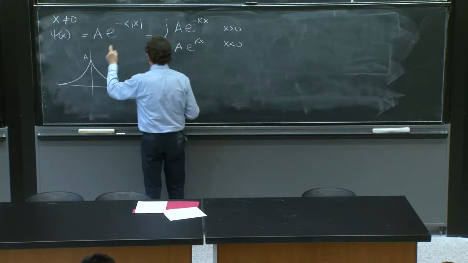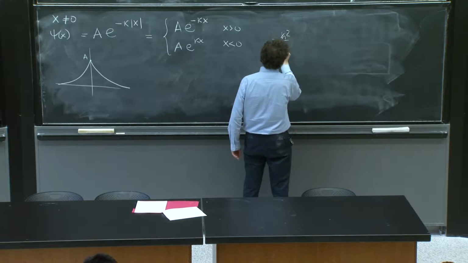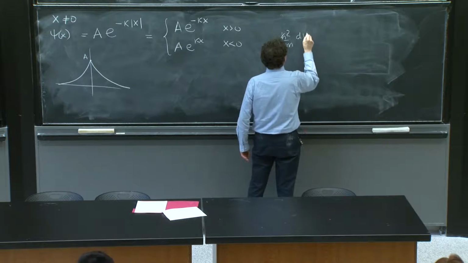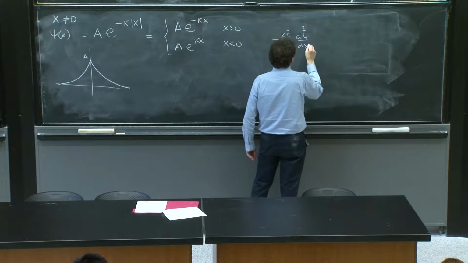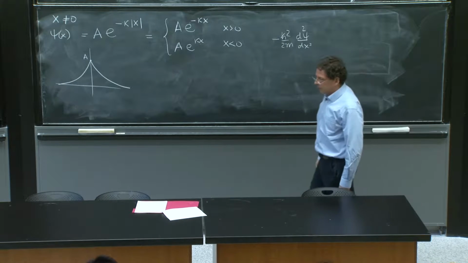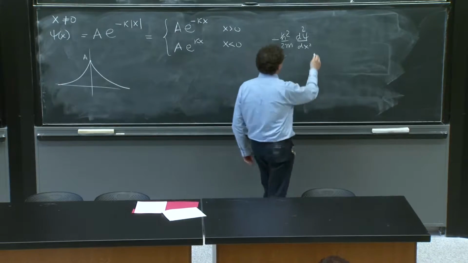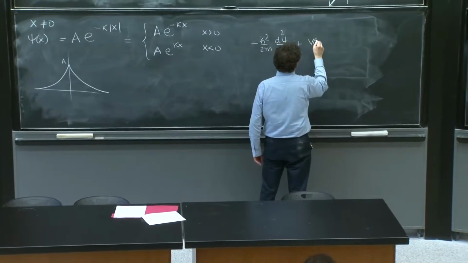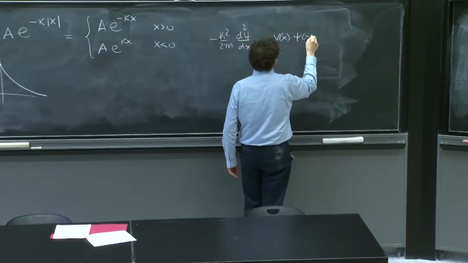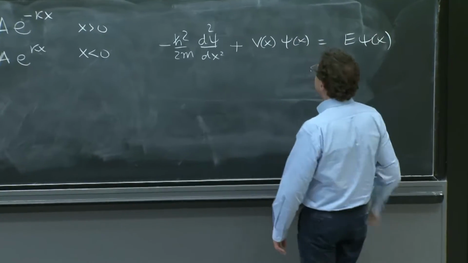So let's quantify it. We begin with the Schrödinger equation again, but I will write now the potential term as well. The potential is plus V of x, psi of x, equals E psi of x.